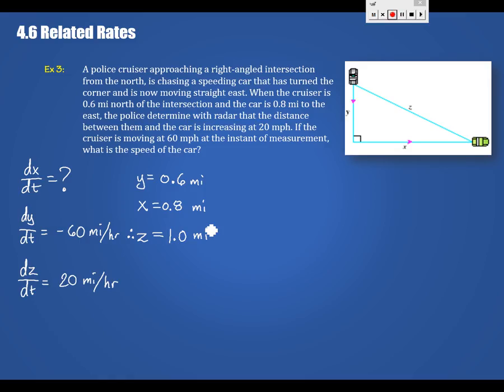But you can work it out too, right? z will equal the square root of x squared plus y squared. So work out 0.6 squared plus 0.8 squared, and see that you get 1. Okay. Try it.